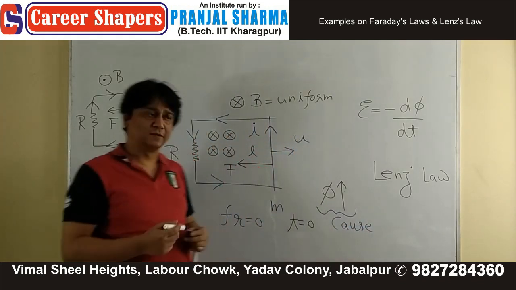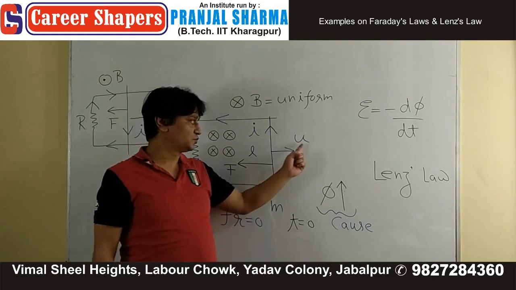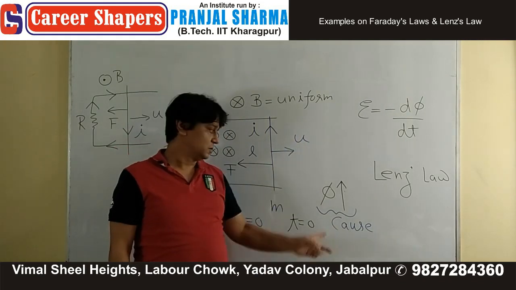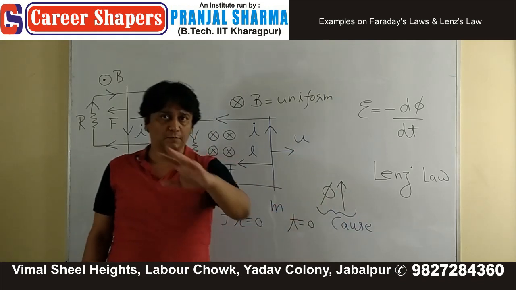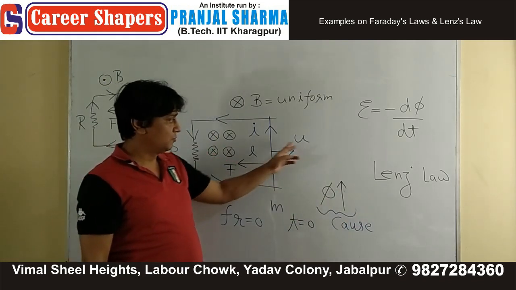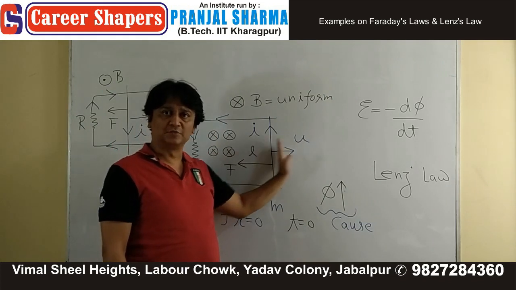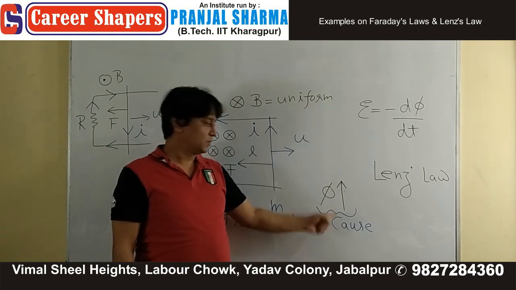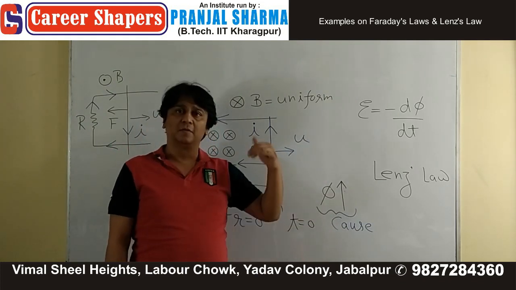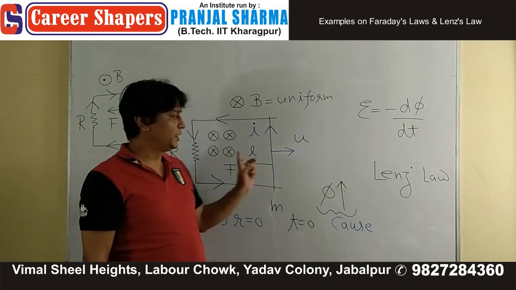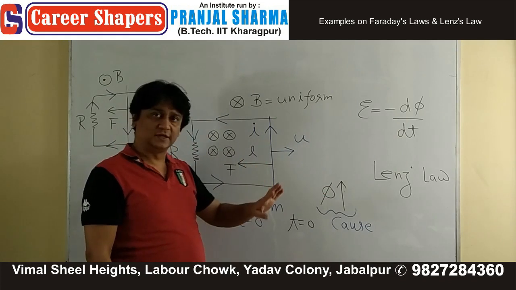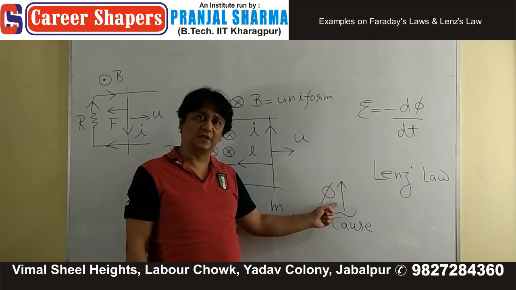We are developing second method. In first method, this was the cause. Now, this is the cause, which is increase in flux, although you know that both are the same thing. Because of this only, rod is moving this way and therefore flux is increasing. But we can find direction of induced EMF easily using this second method.